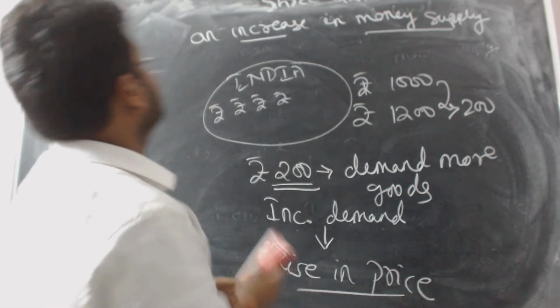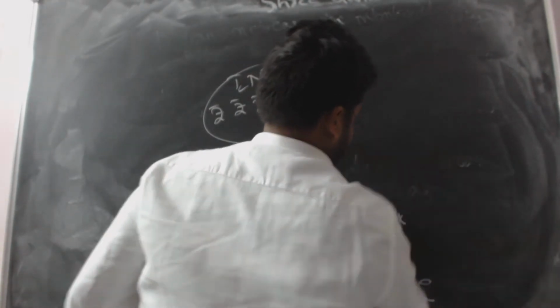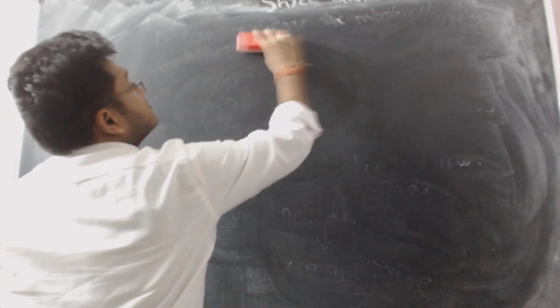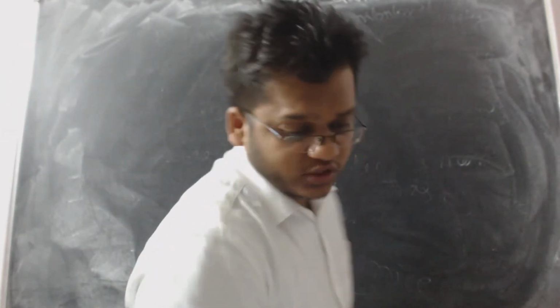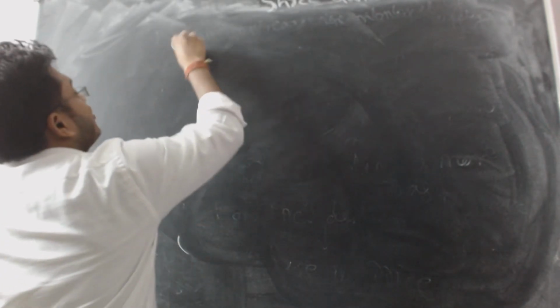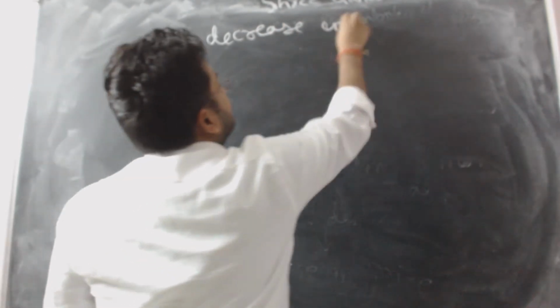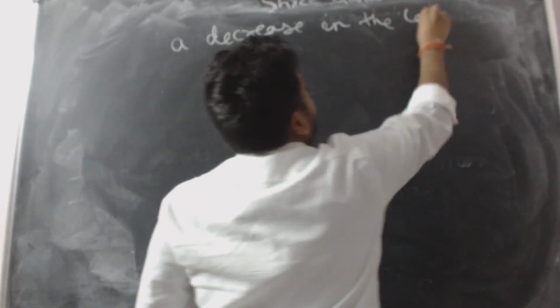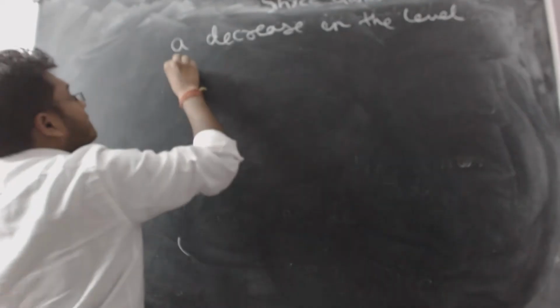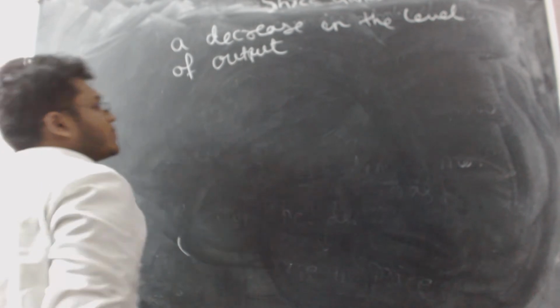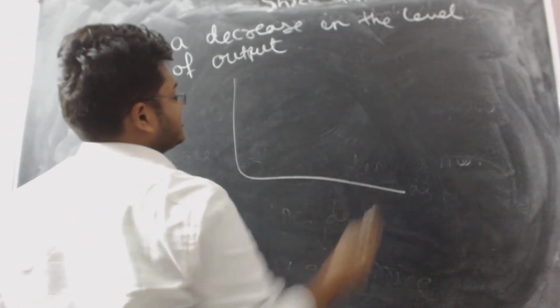Now let's analyze option 2. Option 2 says a decrease in the level of output. Now an economy functions at equilibrium.